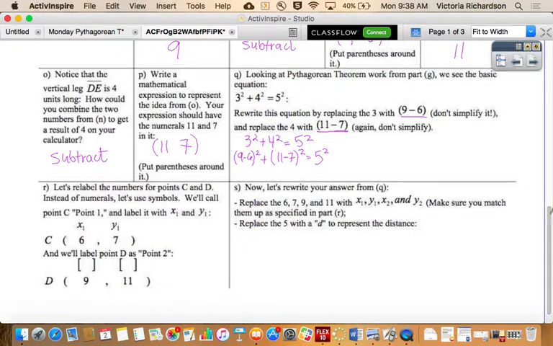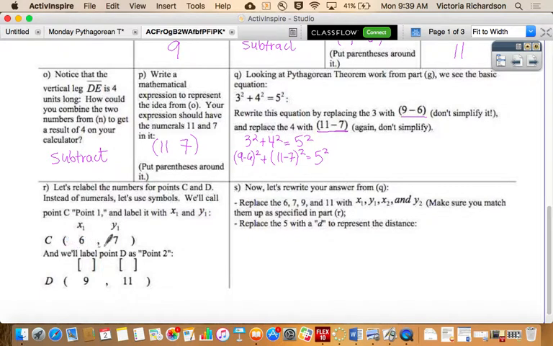And now we're going to take that another step further. One of the things that we do in pre-algebra is learn to deal with letters, right? Variables. Because we're going to see lots of those in algebra. So it says, let's relabel the numbers for points C and D. Instead of numerals, let's use symbols. So we're going to use variables. We'll call point C, point 1, and we're going to label it with an x1 and a y1.